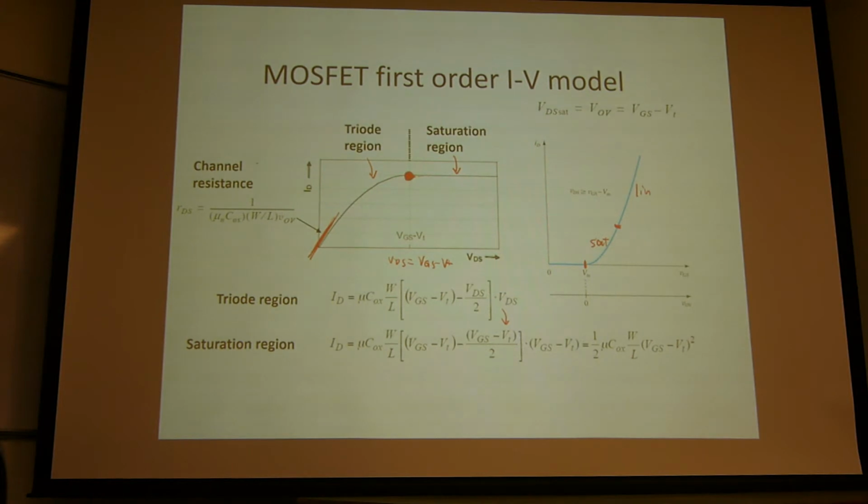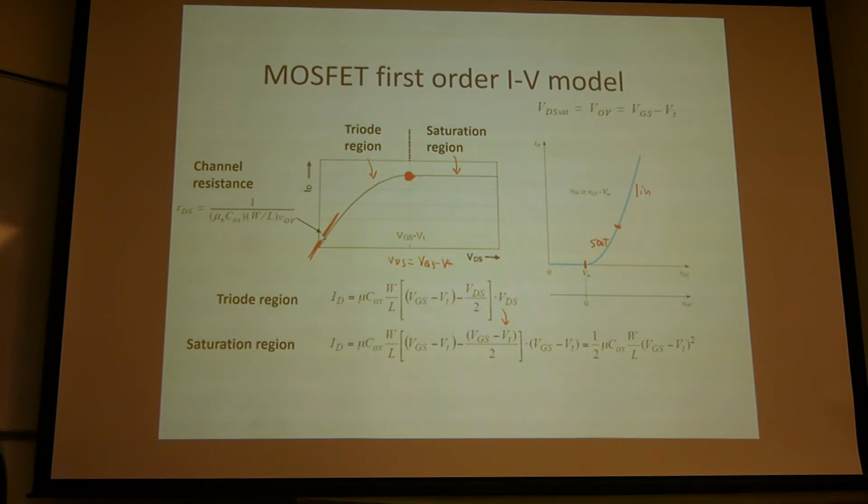So the channel resistance of the transistor is 1 over the slope. Conductance will be the slope, and this is the current versus voltage. So let's say conductance is the slope, and resistance is 1 over this slope. If you do that, you will get this slope as mu n COX W over L, and then this VOV, which is VGS minus VT.